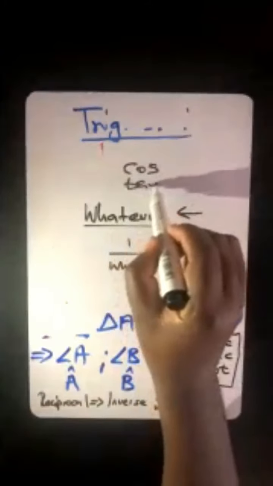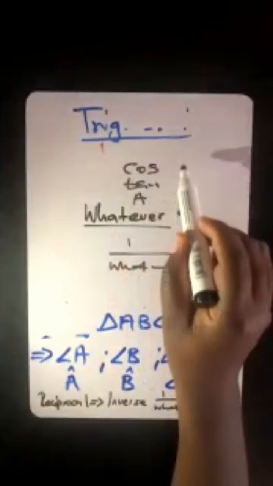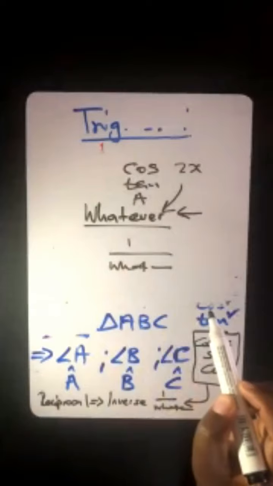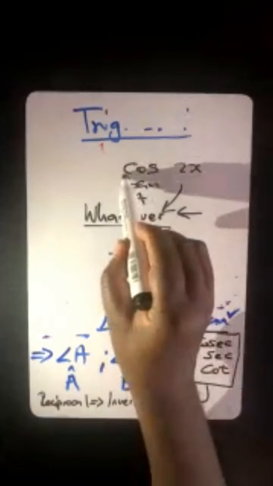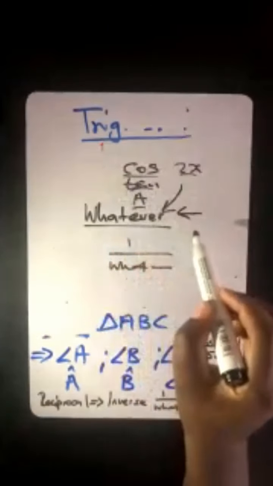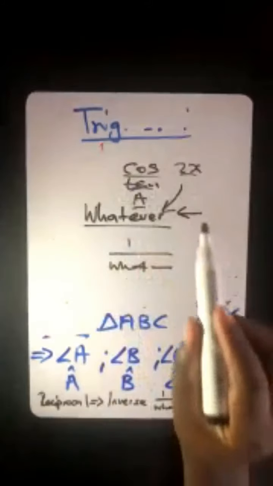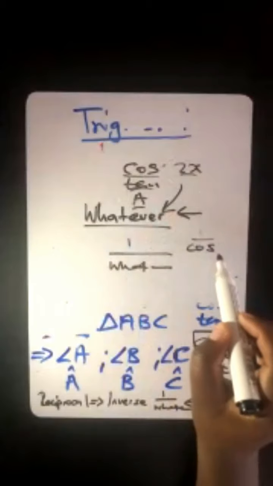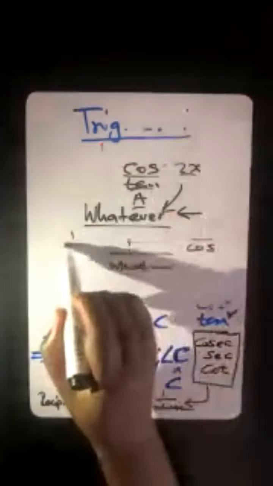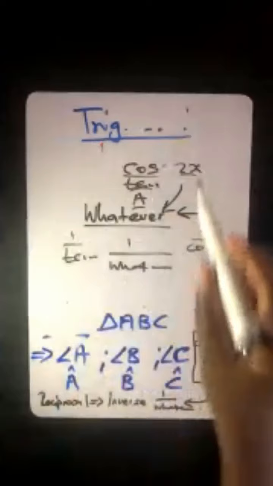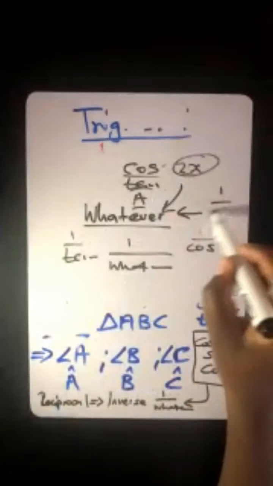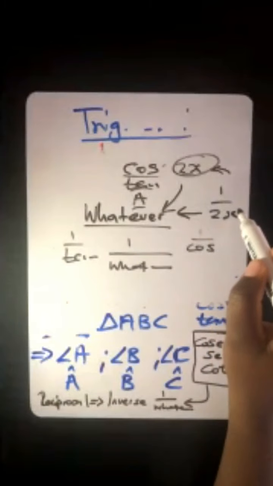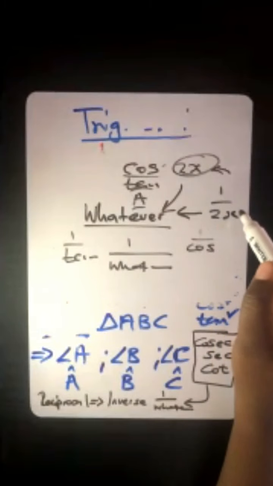It could be tan. It could be a. It could be 2x. So when the question says, what is the inverse? If it's cos, then it's 1 over cos. If it's tan, then it's 1 over tan. If it's 2x, then 1 over 2x is the inverse of 2x. I'm not sure if it makes sense to everyone, guys.